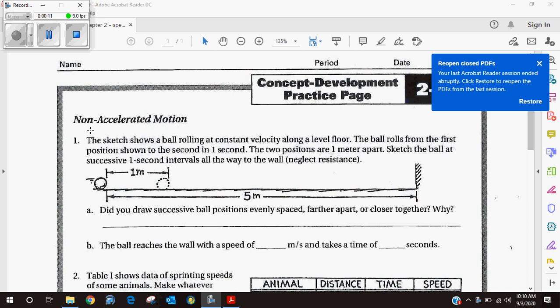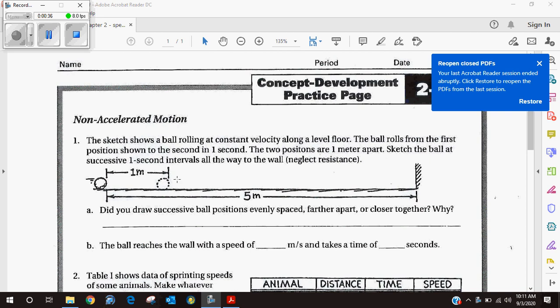This worksheet states: the sketch shows a ball rolling at a constant velocity along a level floor. The ball rolls from the first position shown to the second in 1 second. The two positions are 1 meter apart. Sketch the ball at the successive 1 second intervals all the way to the wall.